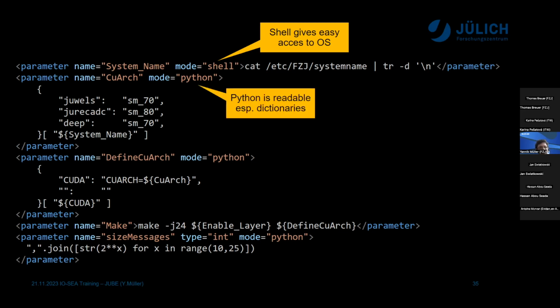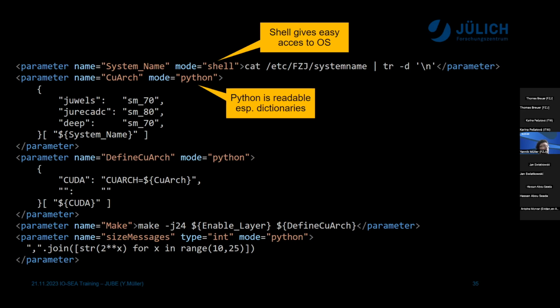For example, in the next one, I use the Python mode. I would say in general, if you just want to make some dependencies between parameters, I think Python is the most readable, especially dictionaries. Dictionaries make it very easy to understand, even for someone who's not familiar with JUBE or not familiar with your application, to understand what's going on.